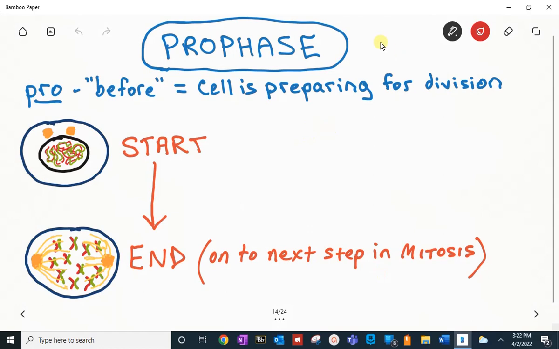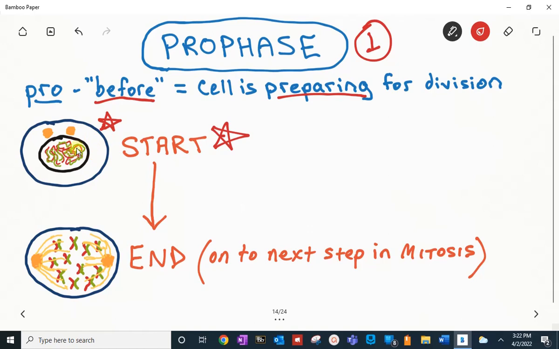So prophase, this is step number one. Prophase, again, pro meaning before, so the cell is preparing for division. This is before it divides. Now you start right here. This is the cell that you're going to start with.